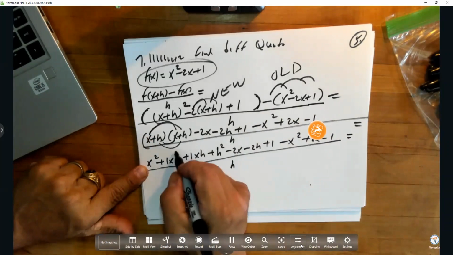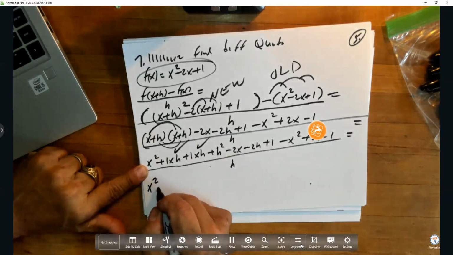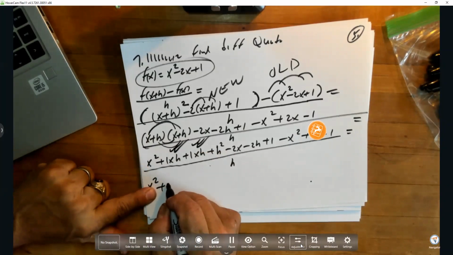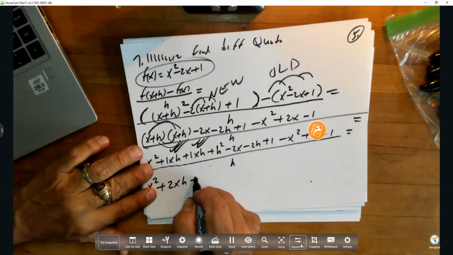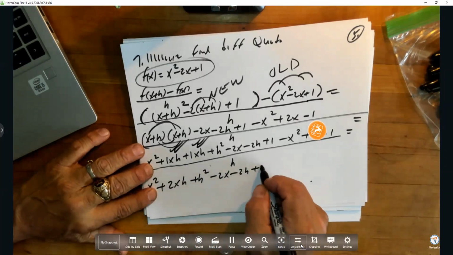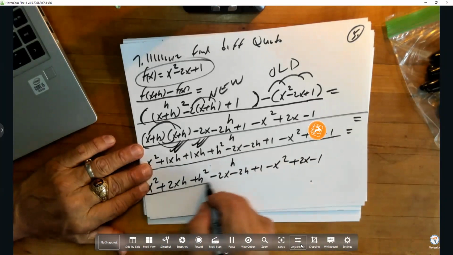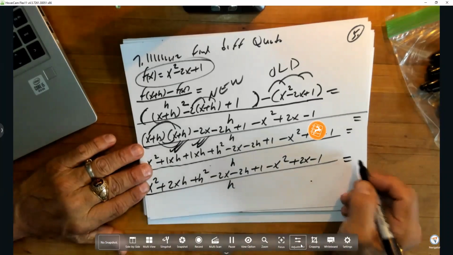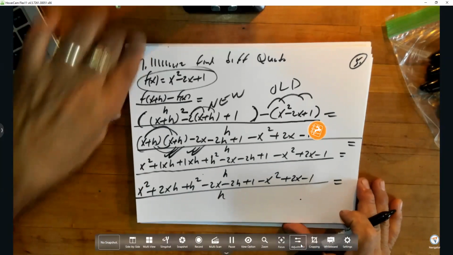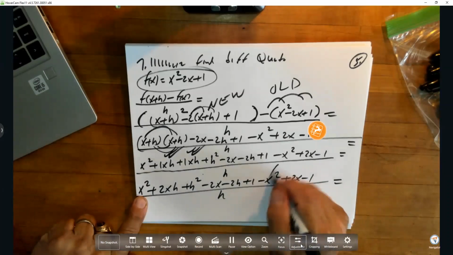So now, with the check marks, I'm going to add those together. So x squared plus, what is 1xh and 1xh? 2xh. 2xh plus h squared minus 2x minus 2h plus 1, minus that one, minus 1. All right. So now, always, when you get to this place, a bunch of stuff goes away. X squared and x squared, do they go away, yes or no? Yes, gone.